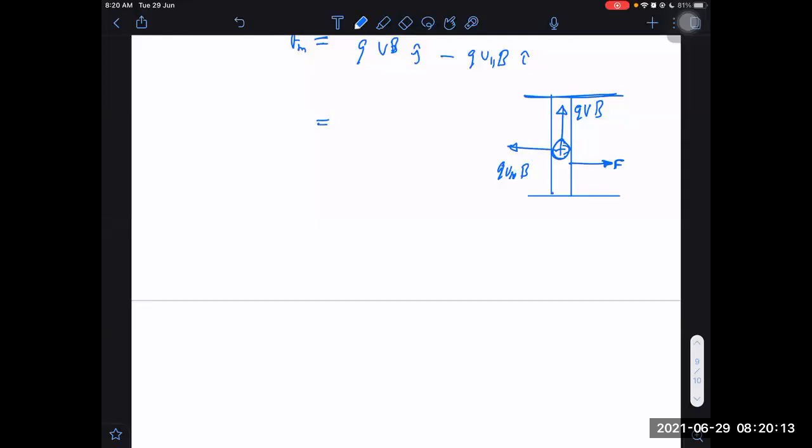That work done by the external force F will be equal to F into ds, or F v dt. If it is moving for dt time, then F into v dt will be the work done.